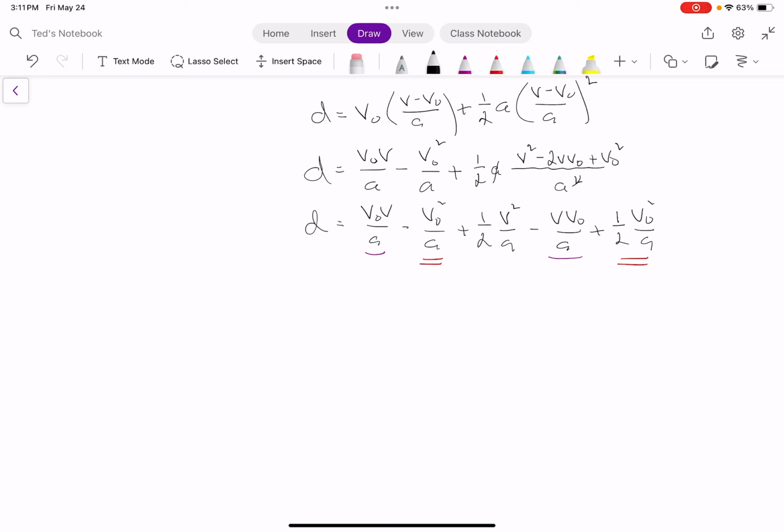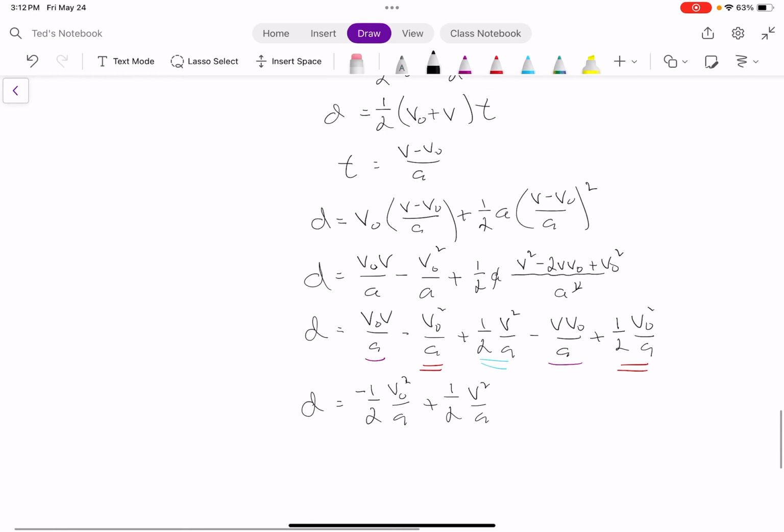Those combine and give me d is equal to negative 1/2 v0 squared over a, and then I'm left with this last term here, plus 1/2 v squared over a.